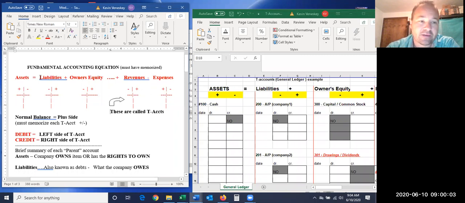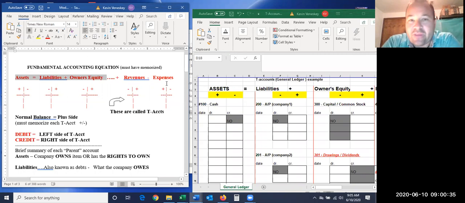And the fundamental equation actually stops right here. Then later, when the business starts up for the year, these guys get added in, the revenue and expenses. But eventually, they do end up down here in owner's equity. So the absolute basic format of the fundamental equation is just these 3 parent accounts. But in reality, we also add these other 2 out here.